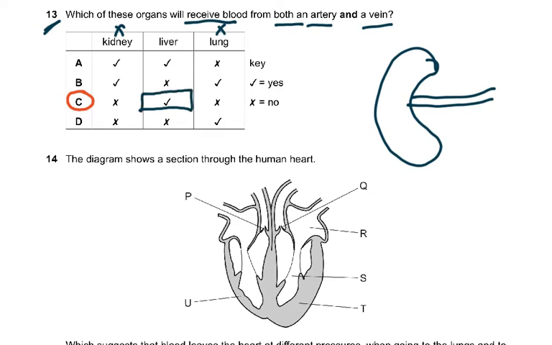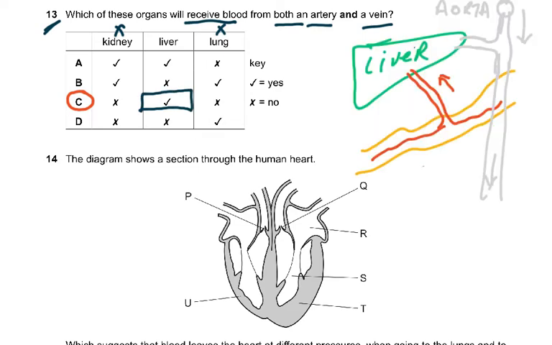Why only the liver? What you have to understand is that the liver receives, number one, from the intestine, the hepatic portal vein, and this yellow is the intestine.